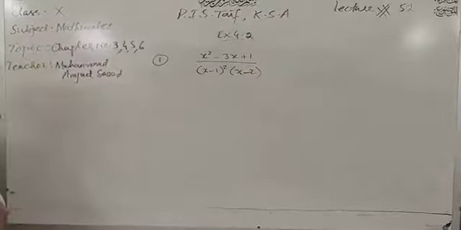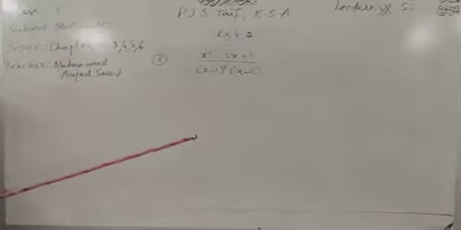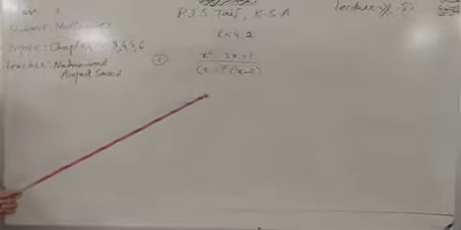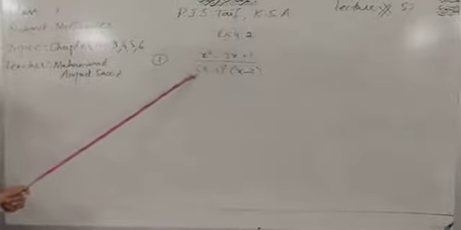Remember that this is your question number 1, exercise 4.2. This is the addition. Only one question is added here. X square minus 3x plus 1 over x minus 1 whole square x minus 2.